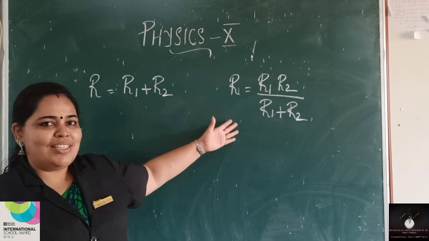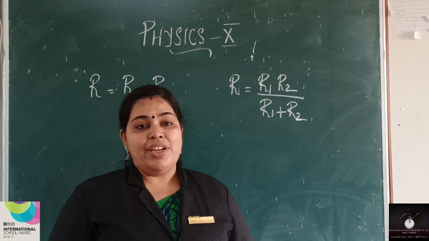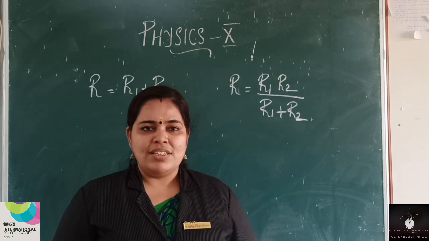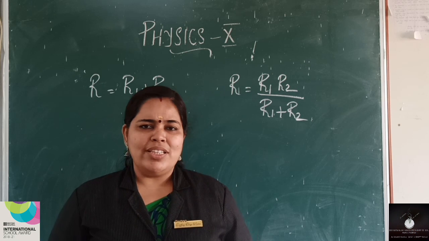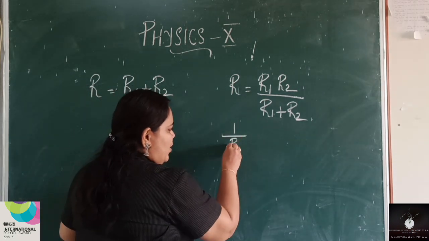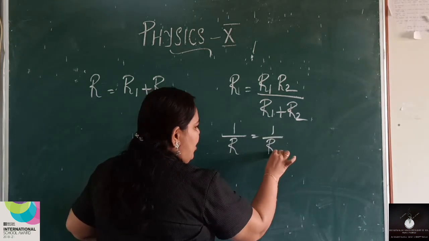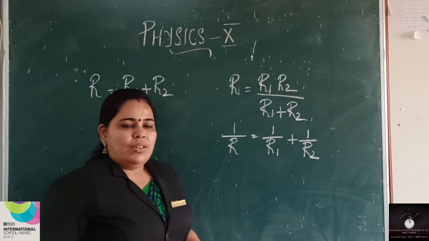Are you remembering these things? Then there is one more formula to find out the effective resistance in parallel connection. Can anybody recall that? 1 by R is equal to 1 by R1 plus 1 by R2.